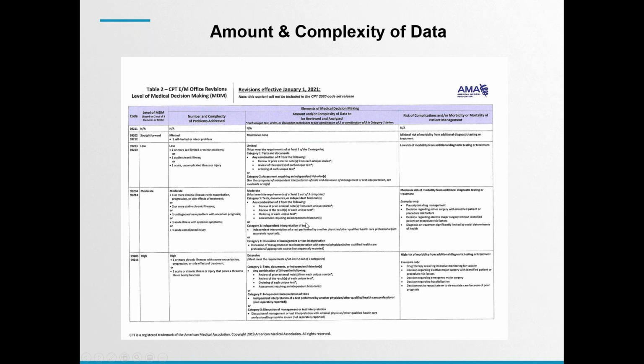Okay. When you get to moderate, look at what happens to Category 1. You now have to choose 3 bullet points, but what they did is they took that independent historian from its own Category 2 and added it to Category 1. So for moderate on the data and complexity, it's 3 of these bullet points, or maybe that independent interpretation of tests, which we're most familiar with.